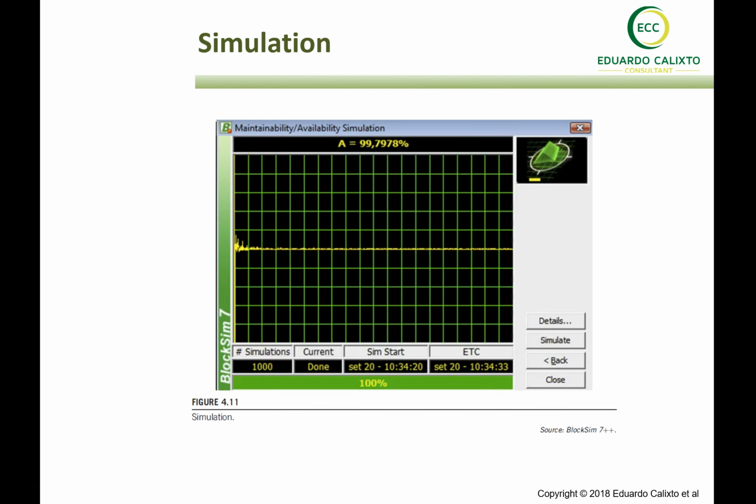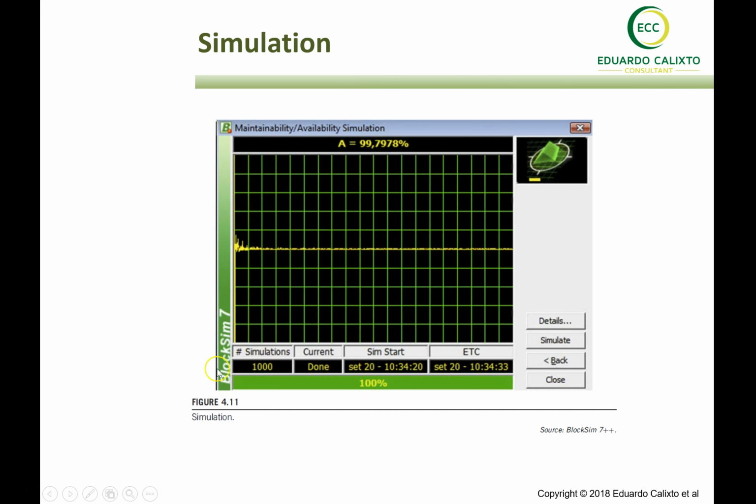And then when we have finished our RBD, of course, we run a simulation. Here you can see we need to define the number of simulations and get the results. The model takes all the RBD configuration and all inputs of each block concerning reliability modeling, and calculates the downtime and the average operational availability. Here is the BlockSim software from ReliaSoft, the simulation.